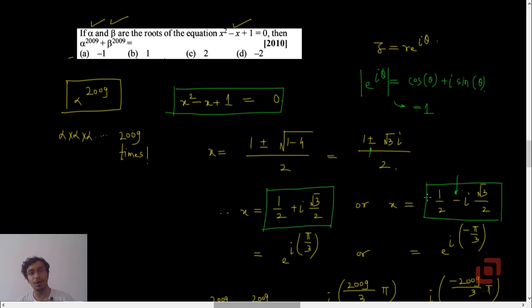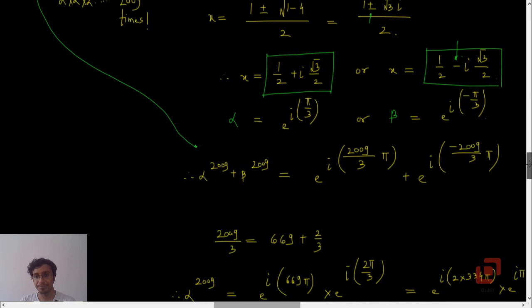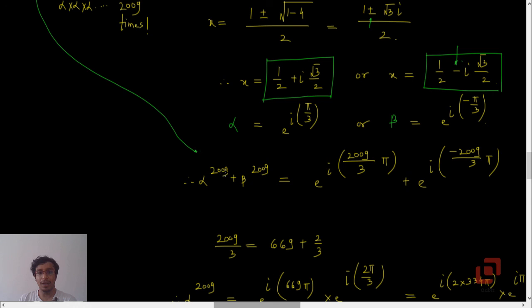Having obtained the values of alpha and beta, which are the roots, now let us proceed to the expression alpha raised to 2009 plus beta raised to 2009. Now we can use this law of indices: a raised to m raised to n is nothing but a raised to m into n.